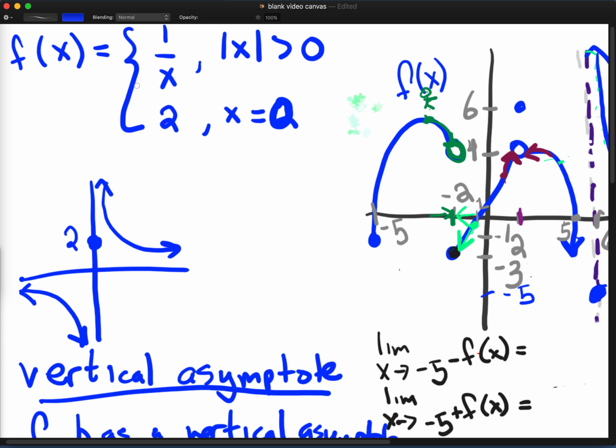But it does come from the 1 over x part, which is maybe what you're thinking. So this would only appear in a piecewise function, not a rational function. It would have to be piecewise because the rational functions you're used to don't have weird things like random y values at vertical asymptotes.